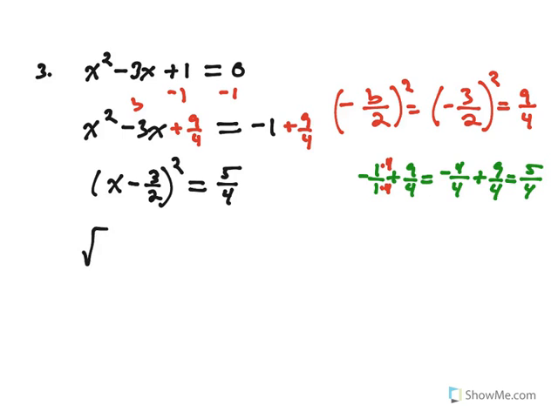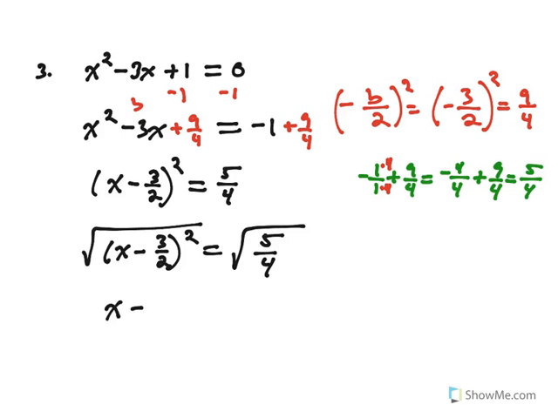Then I can take the square root on both sides. When I do that, I get x minus 3 over 2 equals plus or minus the square root of 5 over 4, because I can't really simplify that.